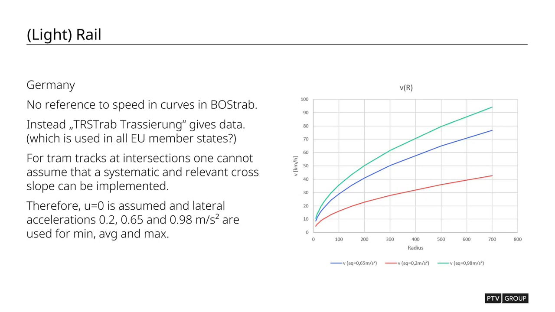And so for light rail, I would guess it's more likely that there is no super elevation at all in urban settings. If it's a light rail which is going out of the city, then it might be different.